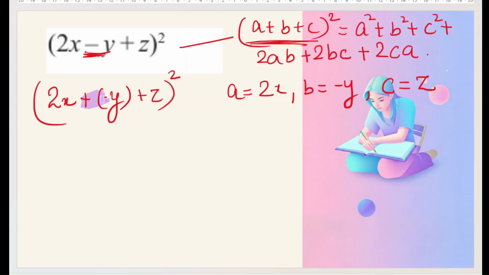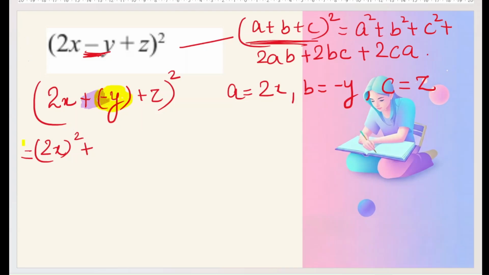Why? Because plus into minus is again minus. Okay, let's do it. The first term is 2x whole square, plus the second term whole square. What is the second term? Second term is minus y.